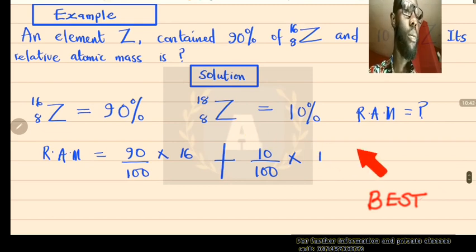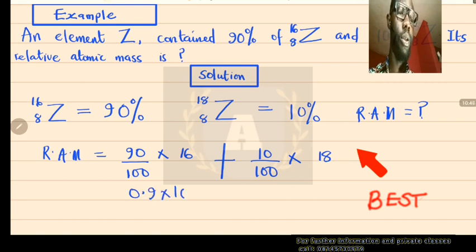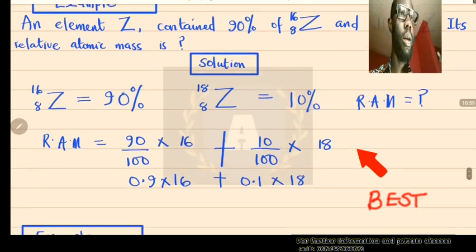So 0.9 multiplied by 16 plus 0.1 multiplied by 18.